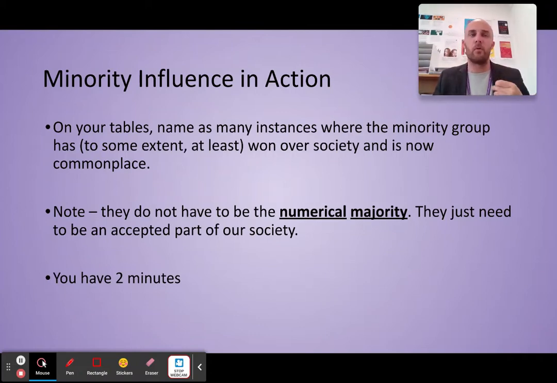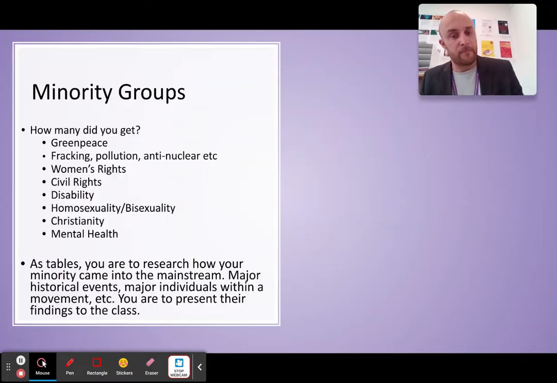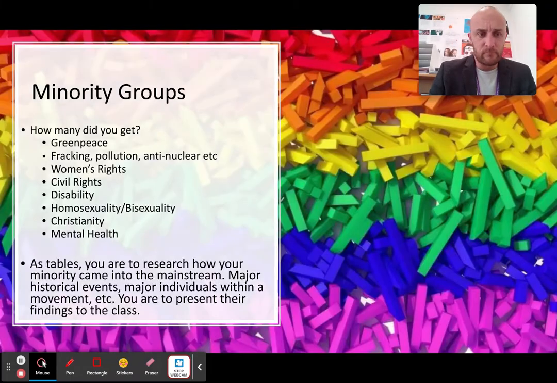So for example, no, I'm not going to go to that example. Some examples here that you do need to know about. Now, what I would do is I would take one of these 8 examples and I would know them in a bit of detail, what's happened, who, what events have happened. So, for example, the 4th one down, civil rights, know about the Selma marches, know about Rosa Parks, know about what Martin Luther King did, and so on and so forth.